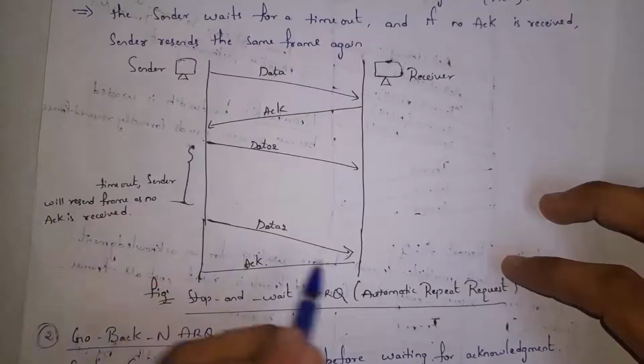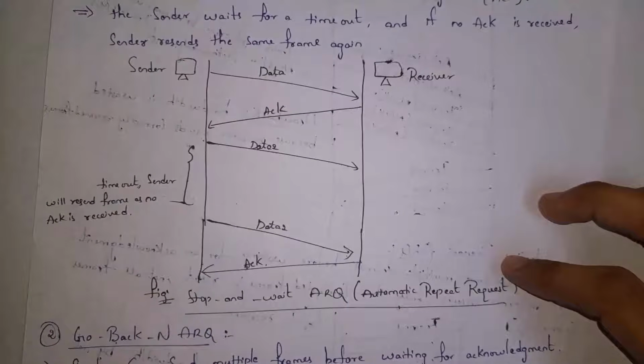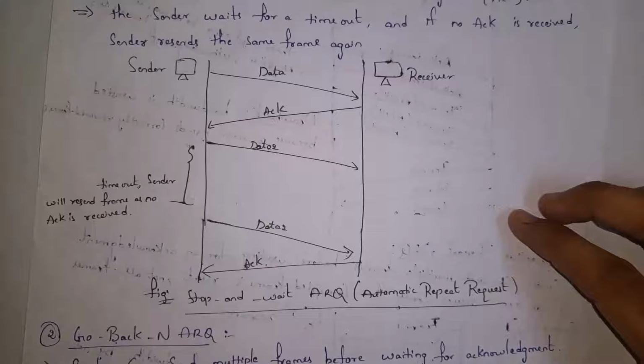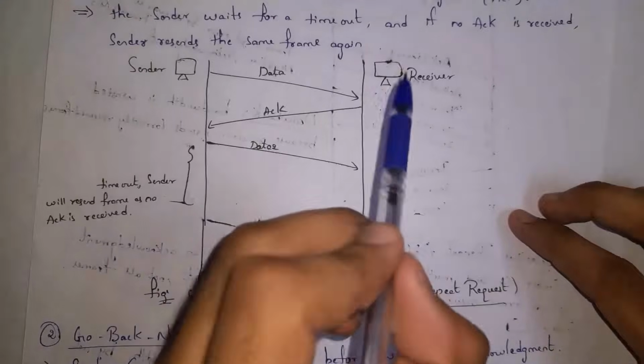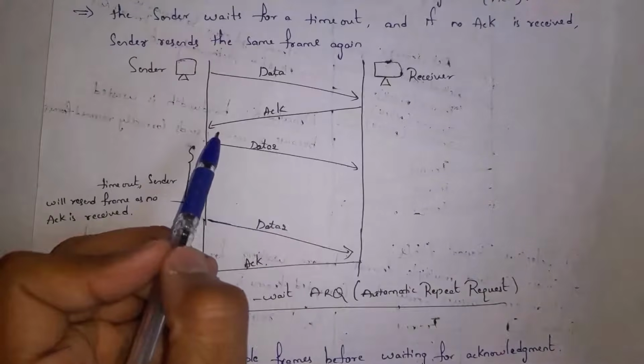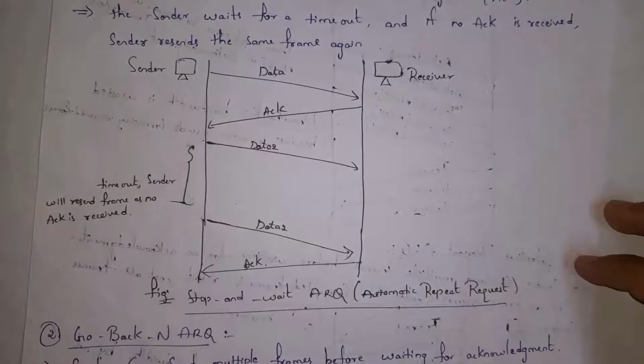So receiver will send acknowledgement. This is all about stop and wait ARQ, where ARQ stands for automatic repeat request. Sender will send data. If data successfully reaches the receiver, receiver will send acknowledgement. And if data does not reach the receiver, or if there are any errors in data, receiver will discard that message and will not send any acknowledgement.